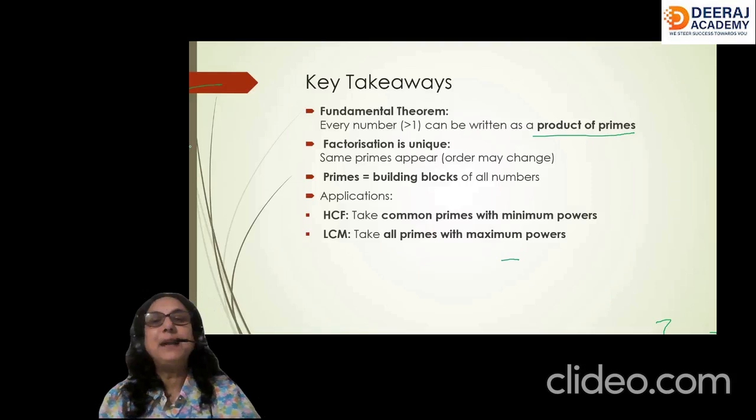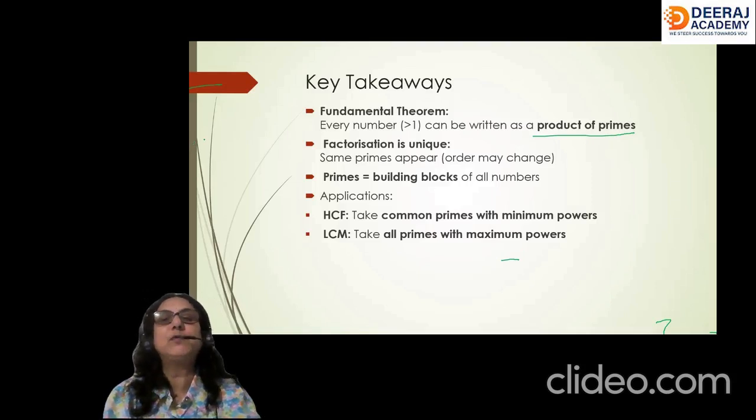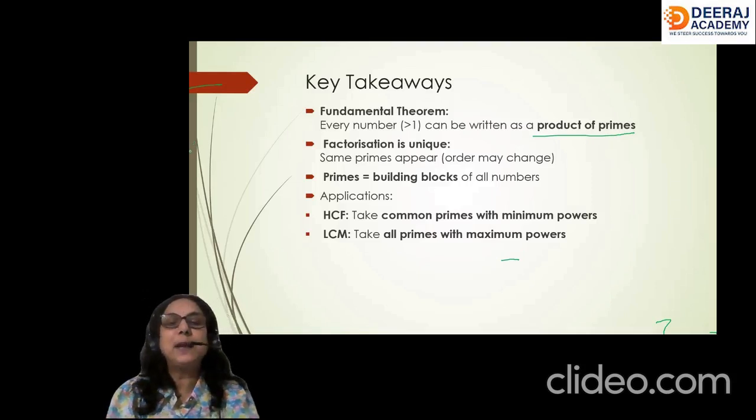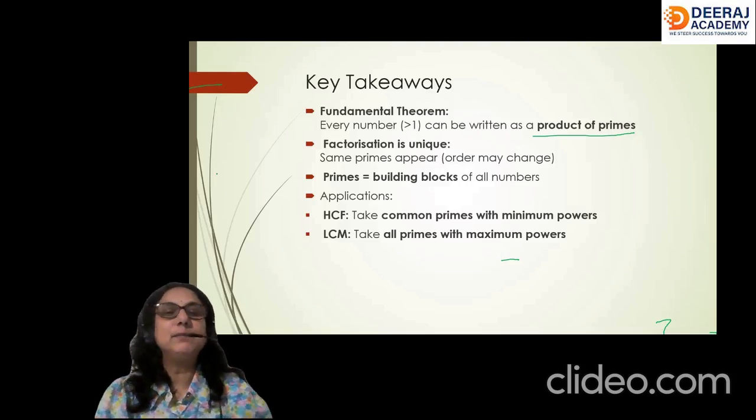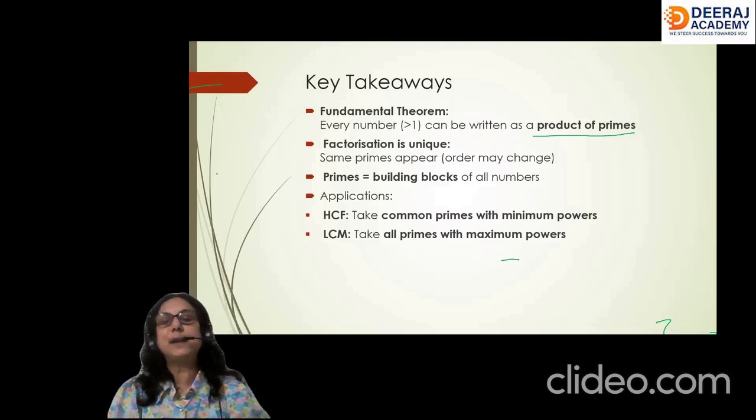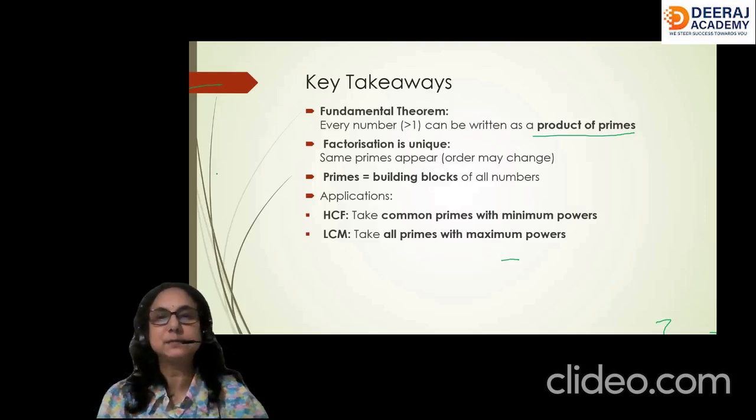And the prime numbers are the building blocks of all the numbers. Through these prime numbers, we can make any number. We use this fundamental theorem in finding the HCF by taking the minimum powers, and the LCM by taking the maximum powers.